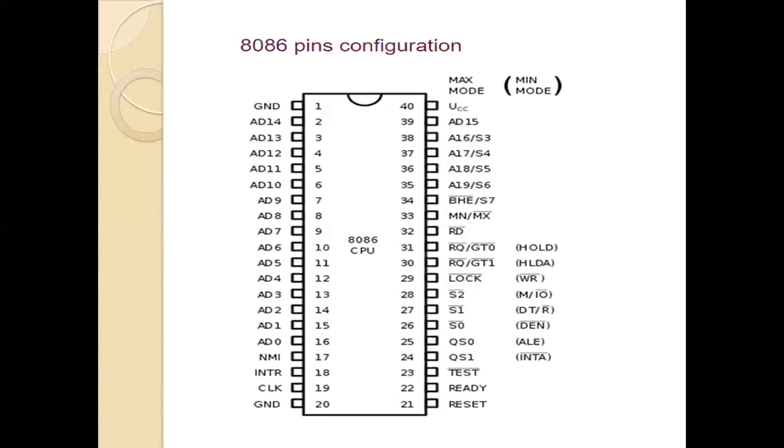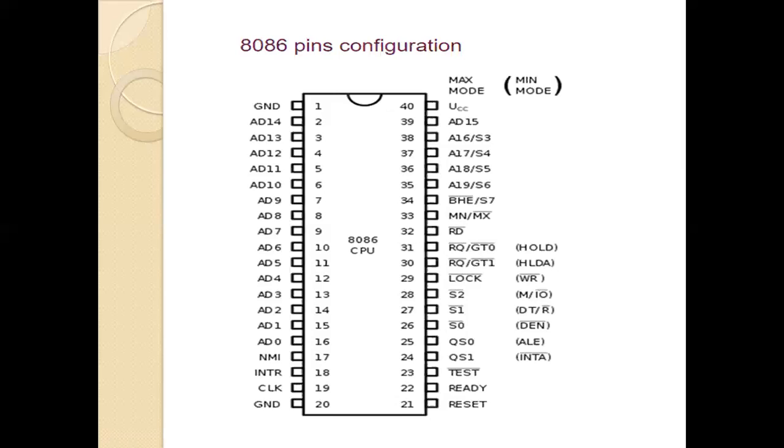After that, there is the read pin, pin number 32. Pin number 32 is RD, read bar. It is used as the read signal for read operation. Next is READY, pin number 22.